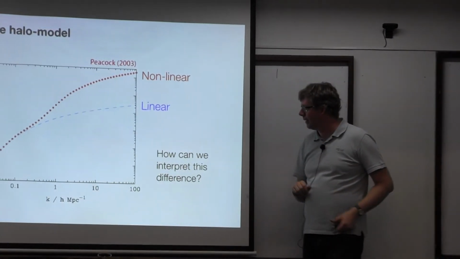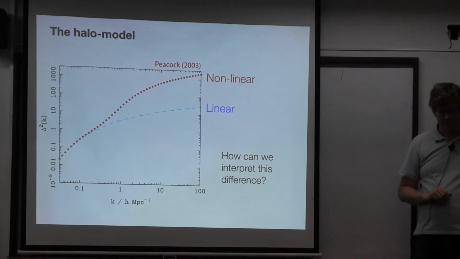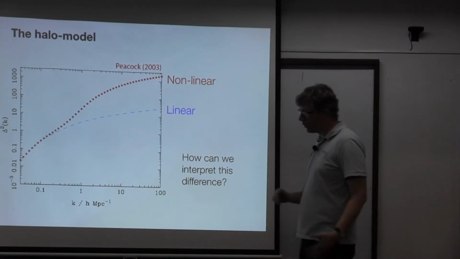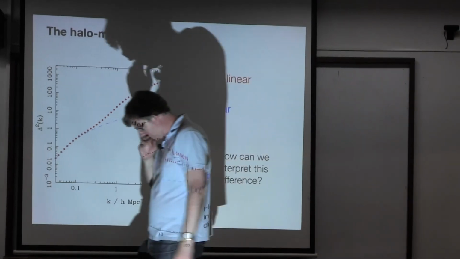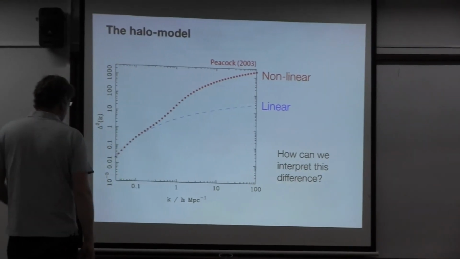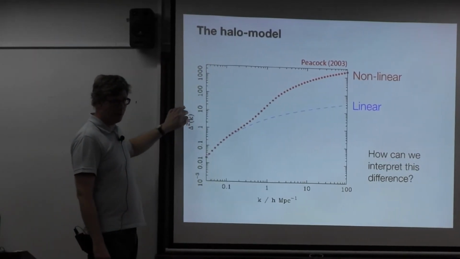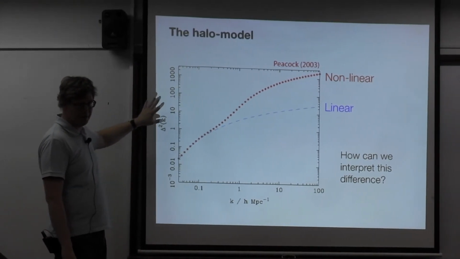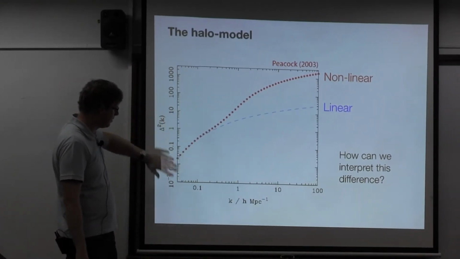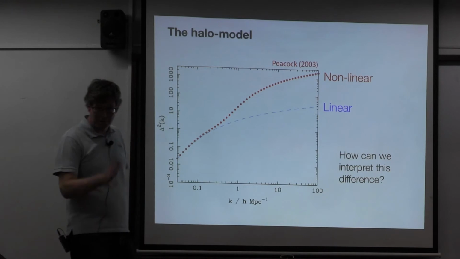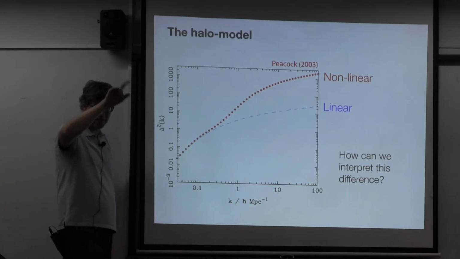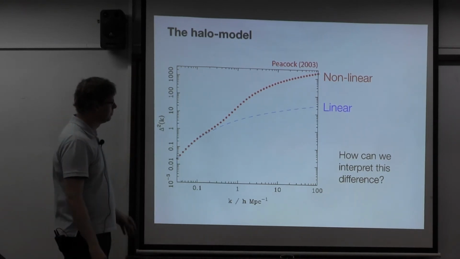Now let's look at galaxies, or dark matter halos, rather. So this is the power spectrum, now in that annoying k cubed times P of k formalism as a function of k. So it looks a bit different from what you have seen earlier because of this extra k to the third power.